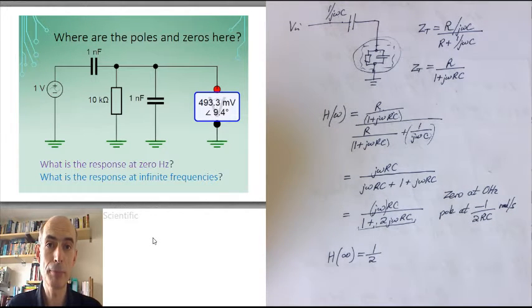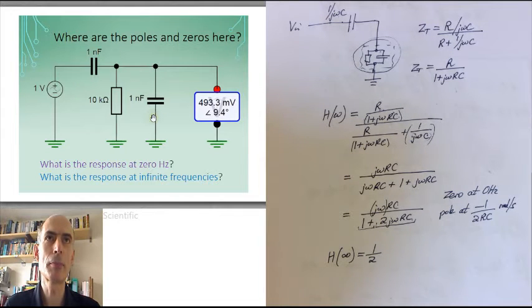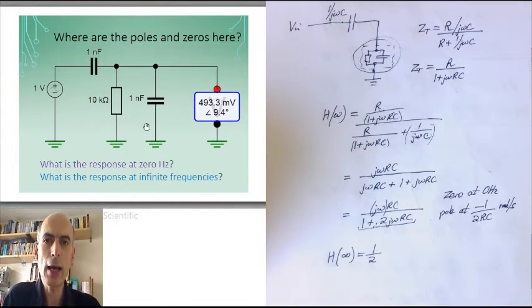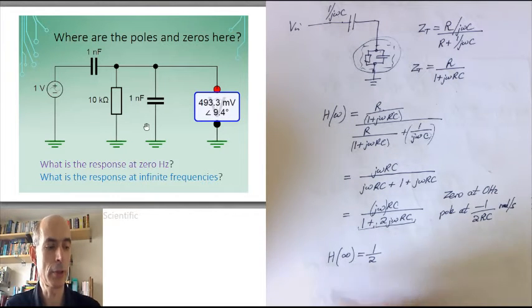Which is right, except if you have a look at the circuit and say, well, at infinite frequencies, the impedance of a capacitor is 0. Therefore, if I drew out the circuit, replacing the capacitors with 0 ohm resistors or just wires, we would see something like this.